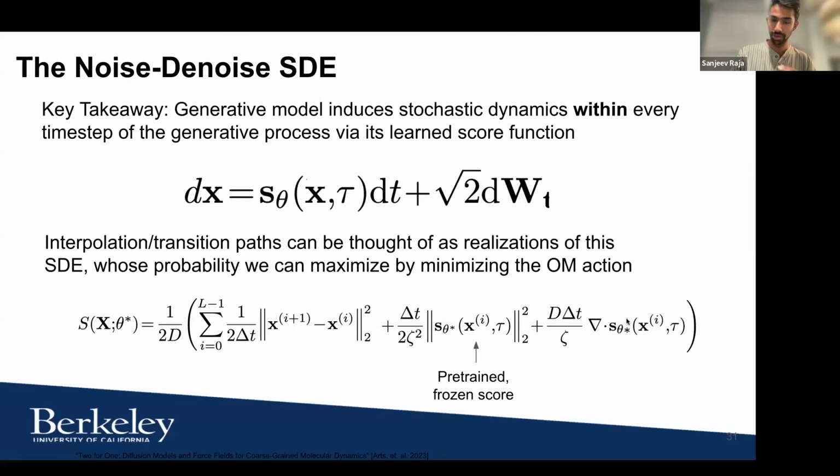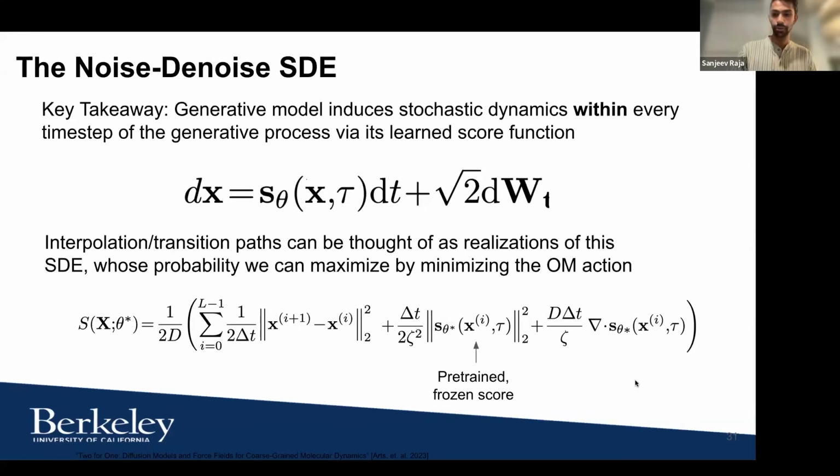So you want to be in regions with lower curvature of the potential energy surface, because very concave regions are very unstable. Depending on the form of the SDE, if you use the Ito or Stratonovich convention, this term actually disappears, which is why we don't emphasize it too much in the paper. But yeah, these are essentially the two terms.